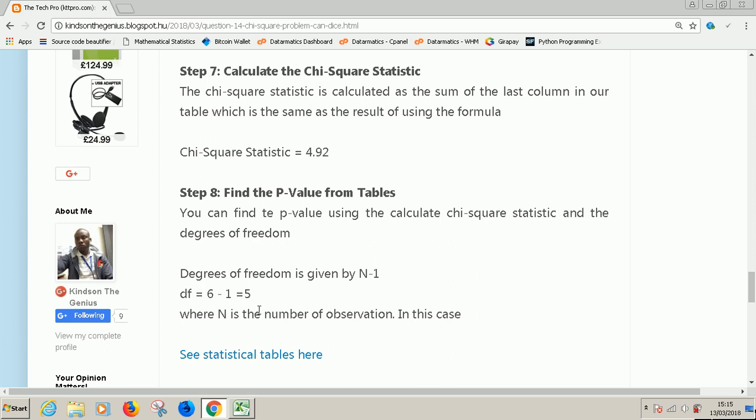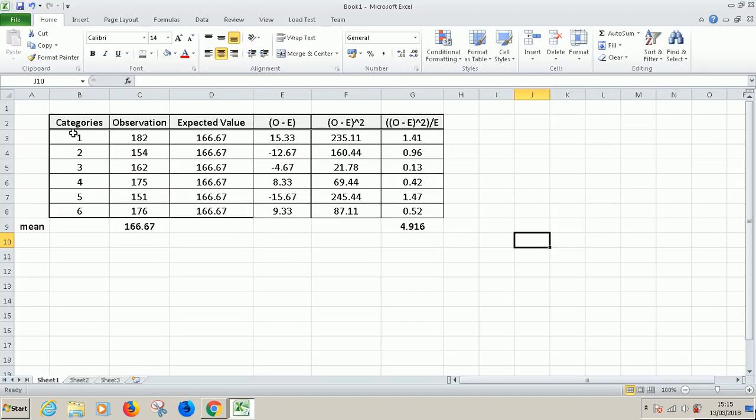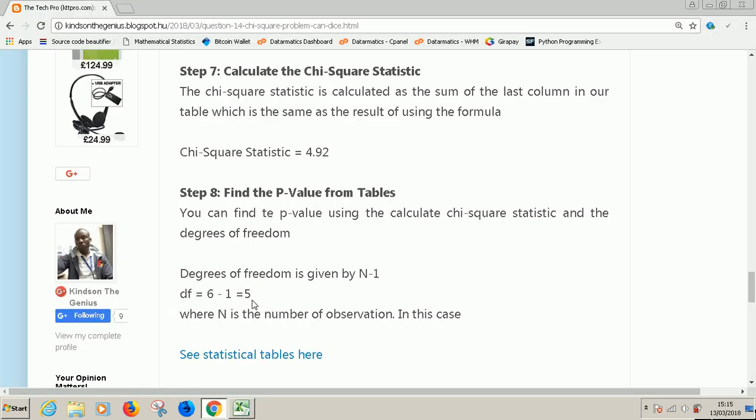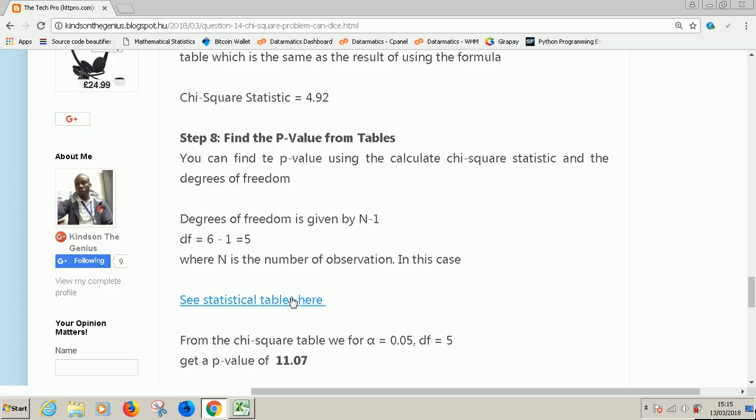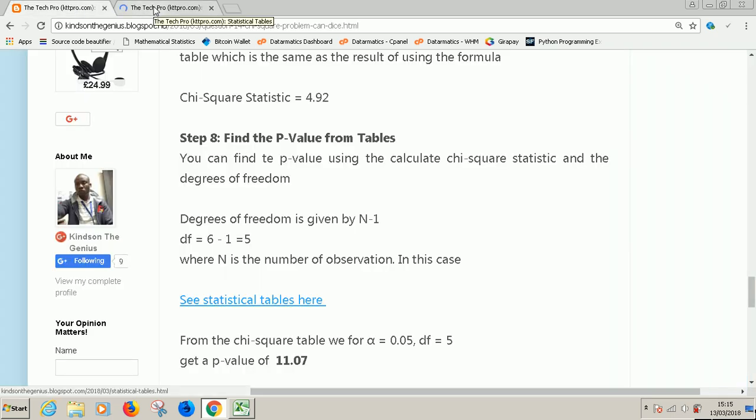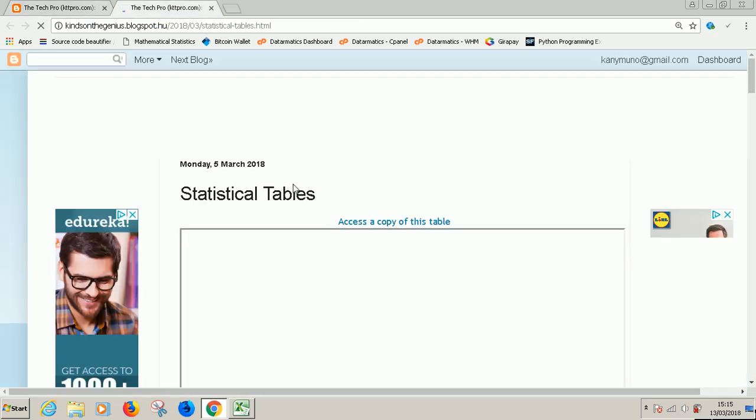In this case, we have 6 categories, minus 1, and that is 5. We are going to use alpha of 0.05, and degree of freedom of 5. So let's get to the statistical table so that we can look up the value of the chi-square.